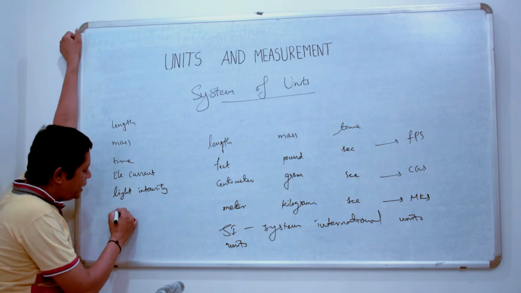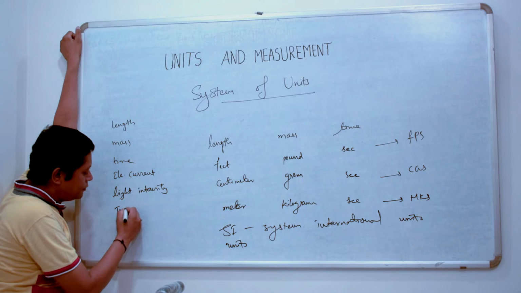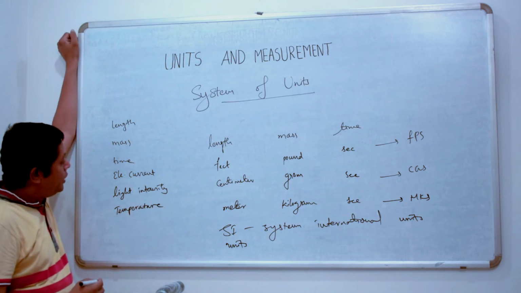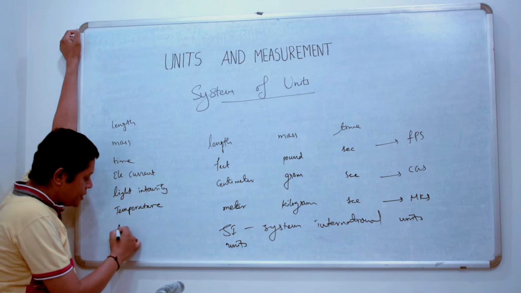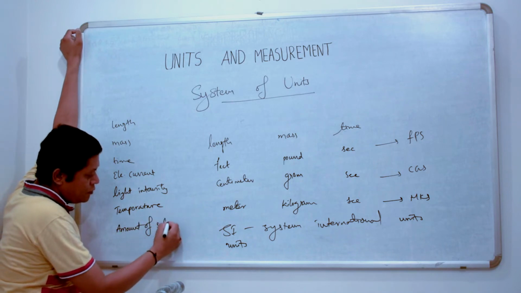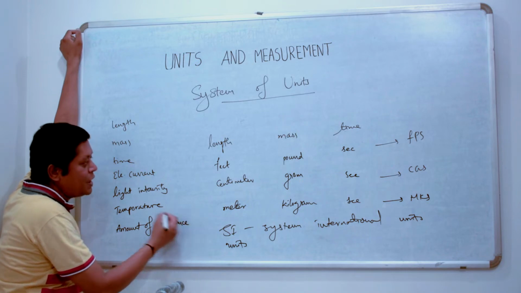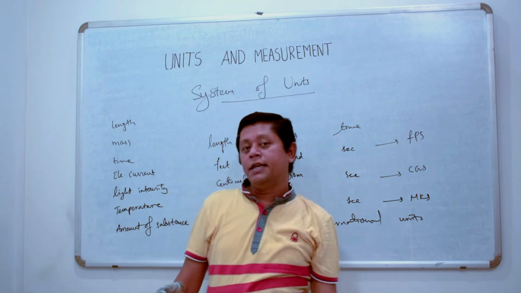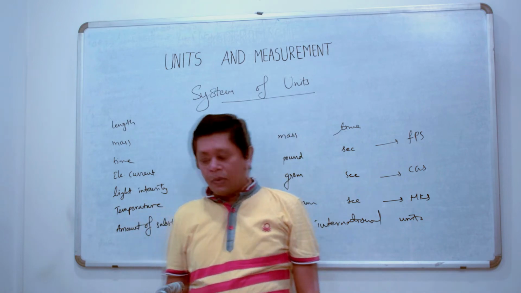Another is thermodynamic temperature, and one more is amount of substance. So these are the 7 physical quantities which are measured in this SI system.